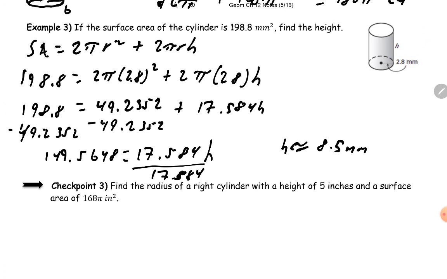Okay, so using the same formula, 168 pi equals 2 pi r squared plus 2 pi r times h, which is 5.